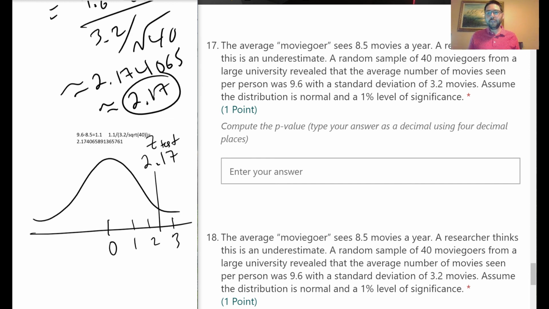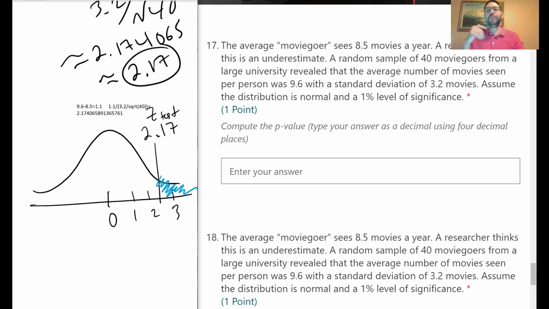If it was a left-tailed test, you would shade the area to the left, right? So you're going to be shading to the right. Now, since it's a right-tailed test, and when you look up this value on the z-chart it gives you the area to the left, therefore, you need to subtract from 1 to get the area to the right. Okay? Every time you're doing the area to the right, subtract from 1.